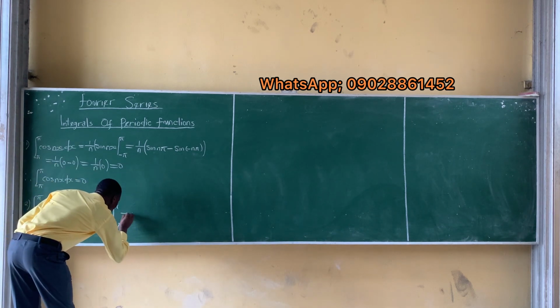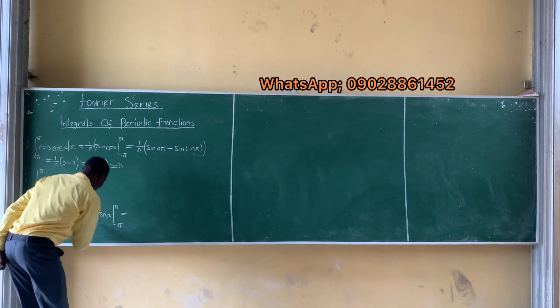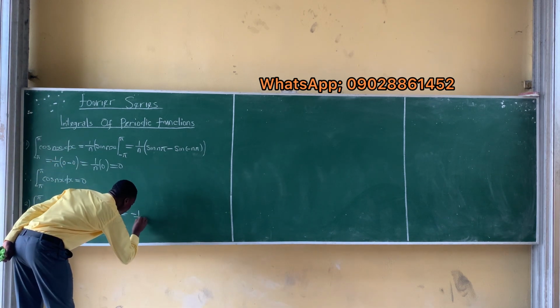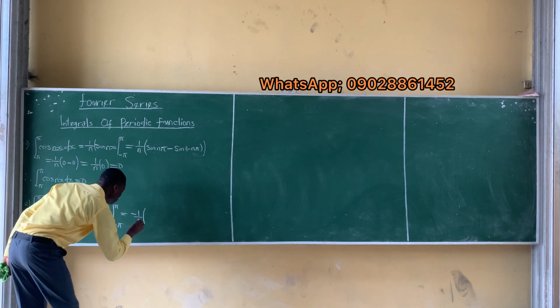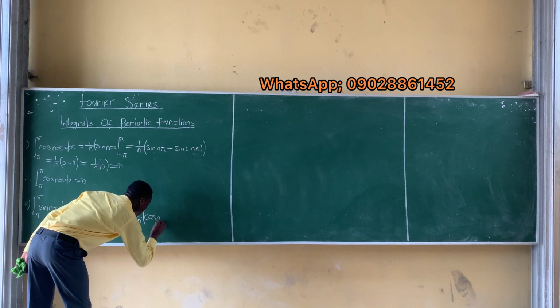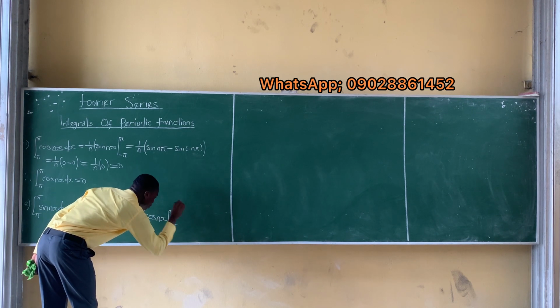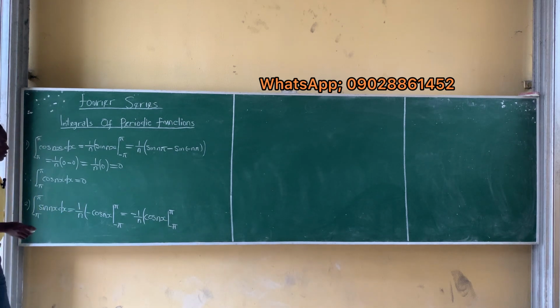And of course, we have a minus here, so we can bring out the minus. Minus 1 over n into cos nx from minus pi to pi.